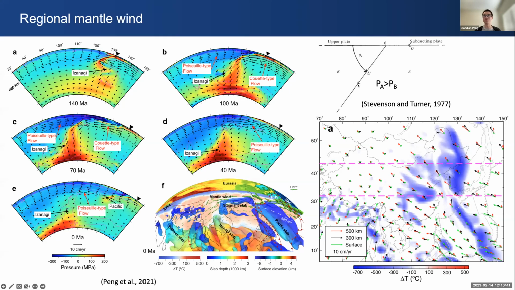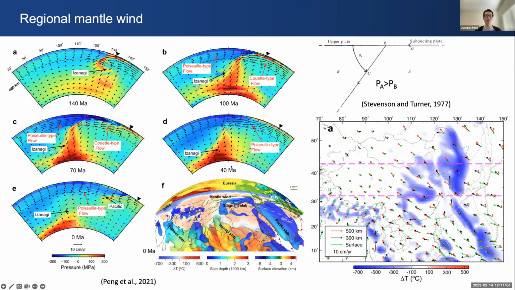This is the reason why most slabs have a certain dip angle. And because of this dynamic pressure, we can see that from 140 Ma to 70 Ma, the dip angle of the subducted slab is getting smaller.